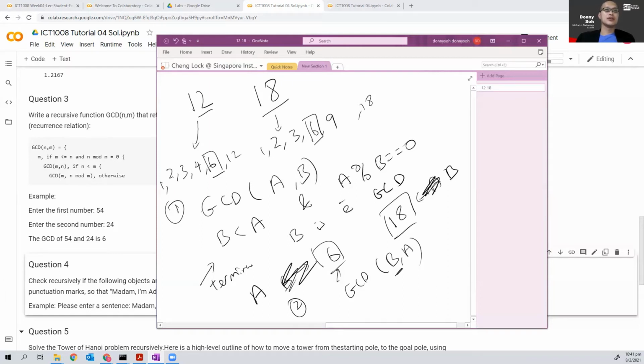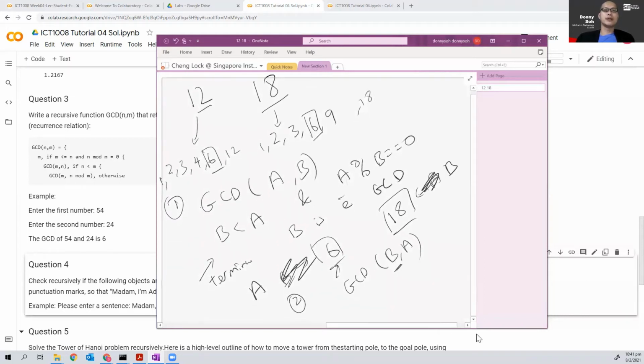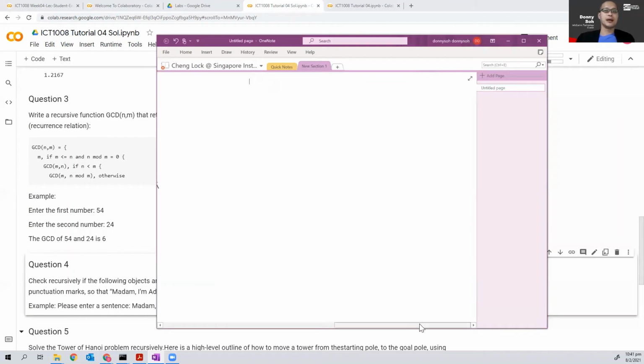In the third condition, we try to reduce the bigger number, and the way we reduce the bigger number is by doing a mod operation. If I have numbers A and B, I know that A is larger than B, and A mod B is not equal to 0.